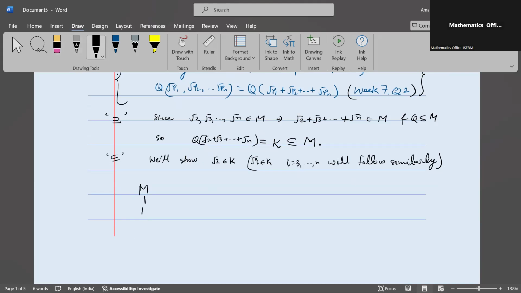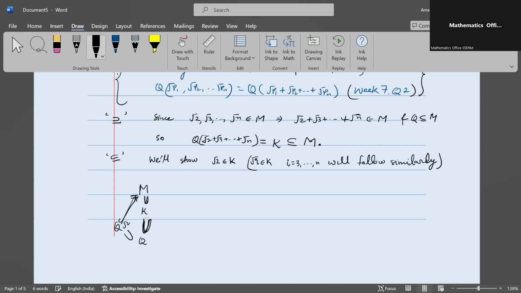Here we have K, and K is over Q. So let me write this down.